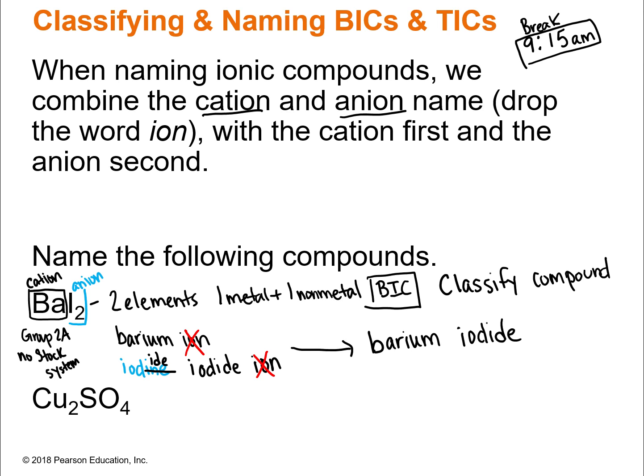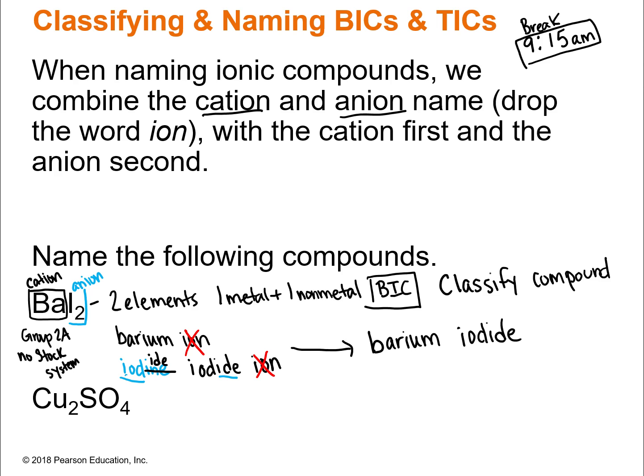The rule for naming that anion is you take the name of the parent atom, which in this case is iodine, and you replace everything that's not the first syllable with IDE. So that first syllable is iod. Get rid of the INE and replace it with IDE. So iodide ion.